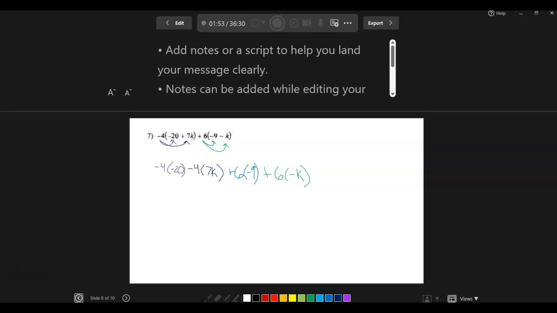Okay, now I just start multiplying these out. Negative times a negative is a positive. 4 times 20 is 80. So I have +80. Negative times a positive is a negative. 4 times 7k would be 28k.